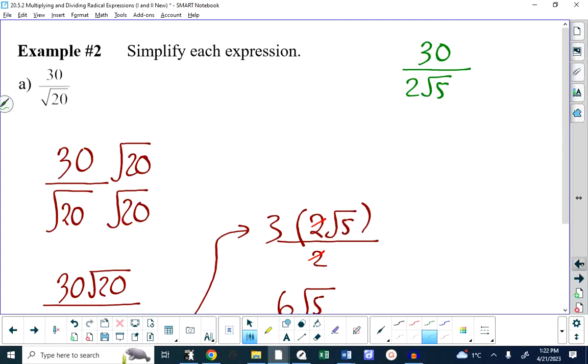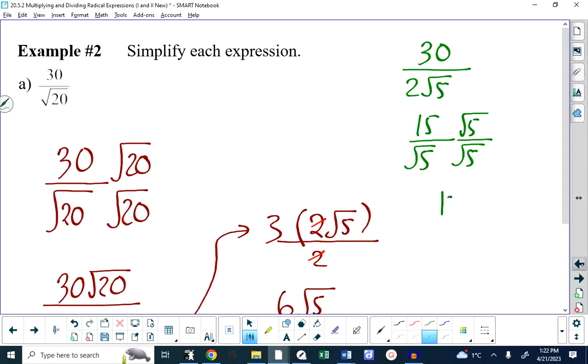Root 20 is 2 root 5. Now I can divide the 30 by the 2 and get 15 root 5. But I don't want a radical in the denominator, so I'm going to multiply the top and the bottom by root 5.